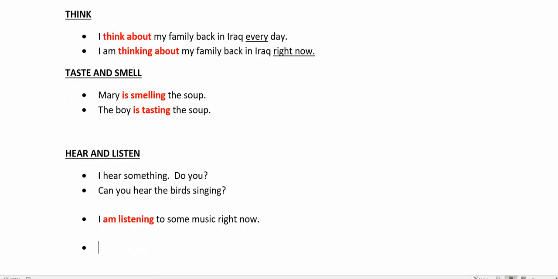And of course, it can also be in the present. You know, if you have the word every, then you need to use the simple present. But it's an action. So just so you remember, action verbs can be used in the progressive or the simple present.